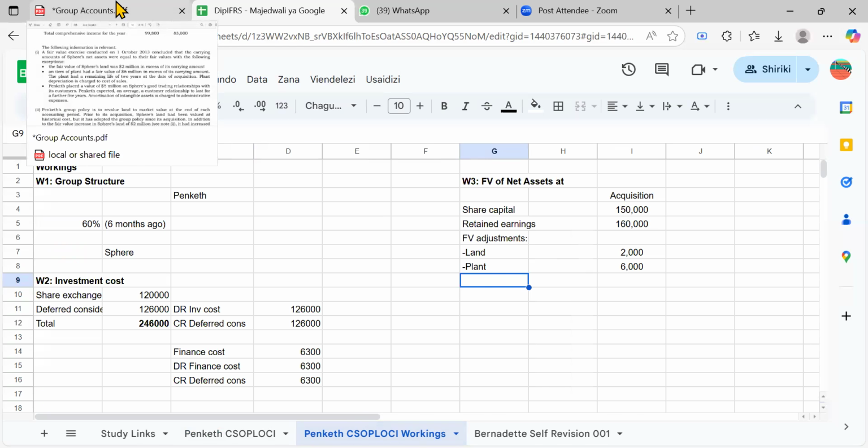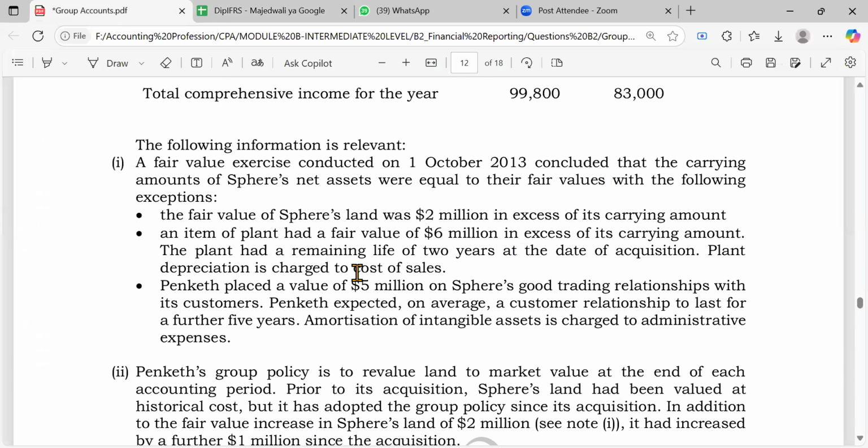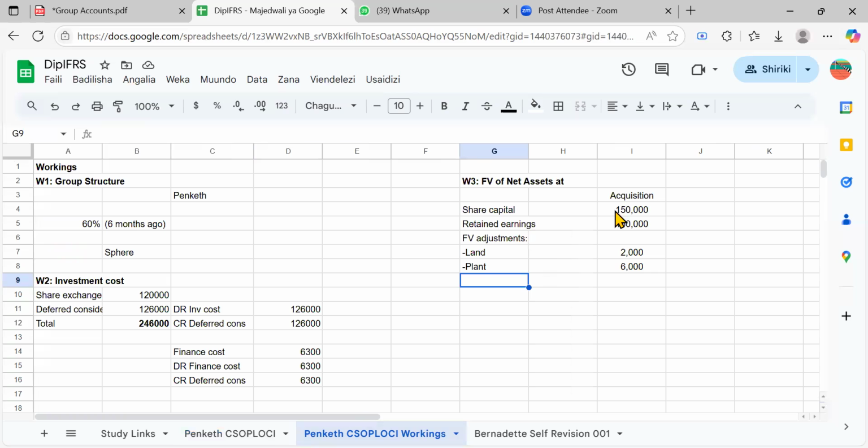And going further, what are we not showing here? The depreciation? Look here, I decided that the net assets should be shown only at acquisition. I don't need them at reporting. Just for the sake of computing goodwill at acquisition.